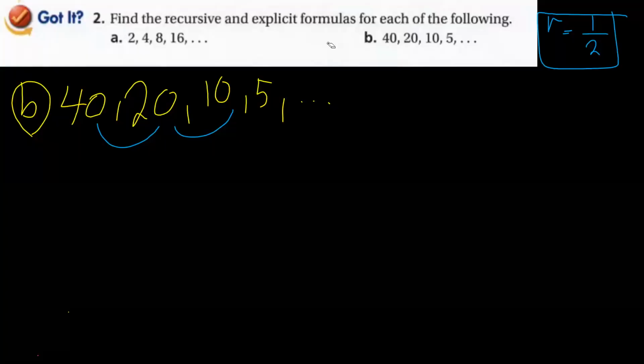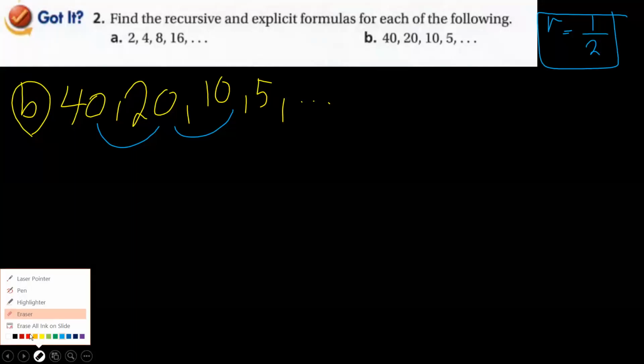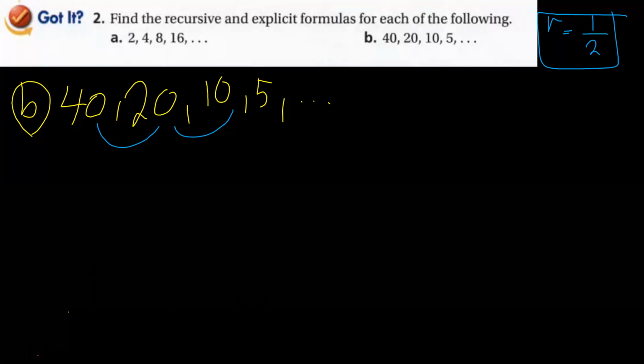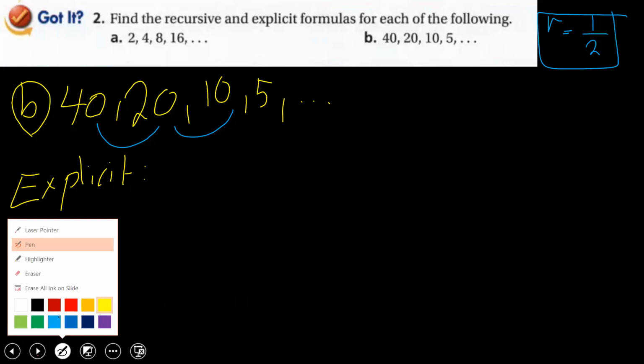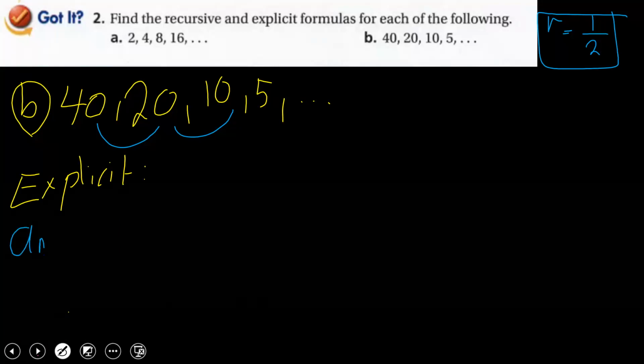Now, R here is half. After that, I need to write the explicit formula. Who can remind me of the formula? It is A sub n equals A sub 1 times R raised to n minus 1.